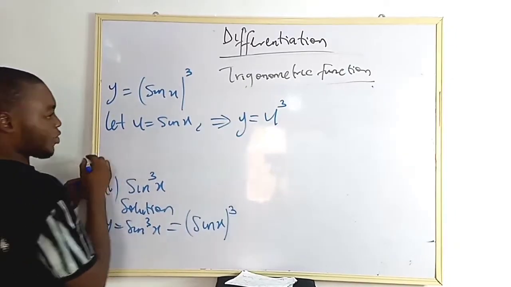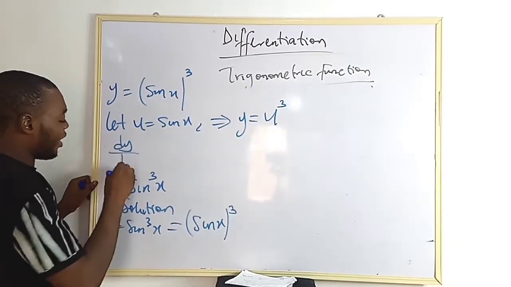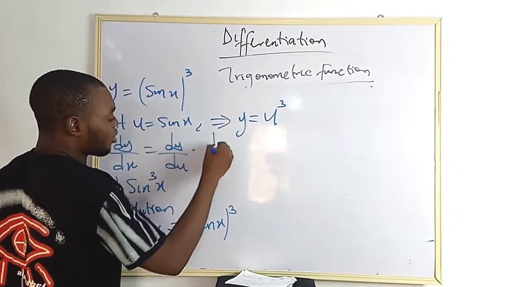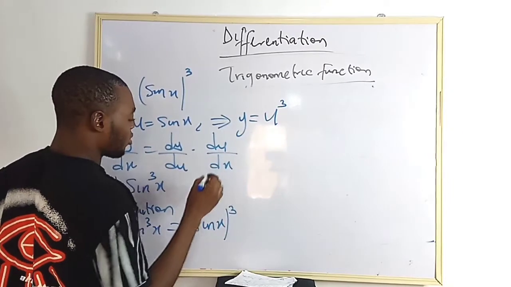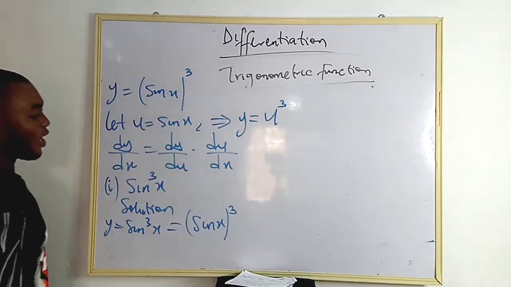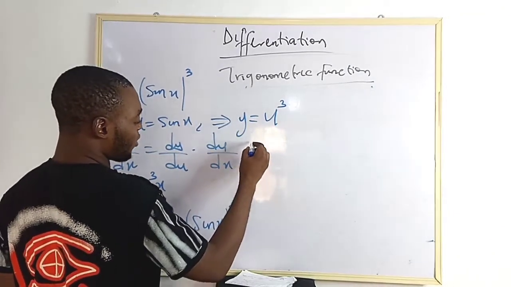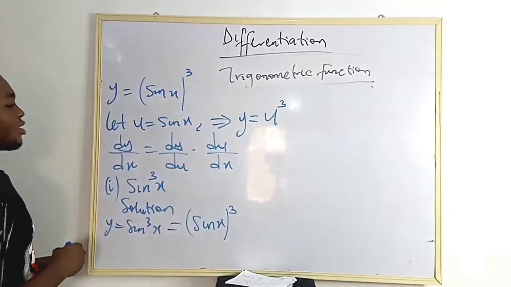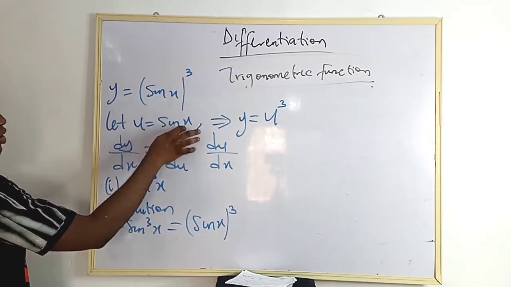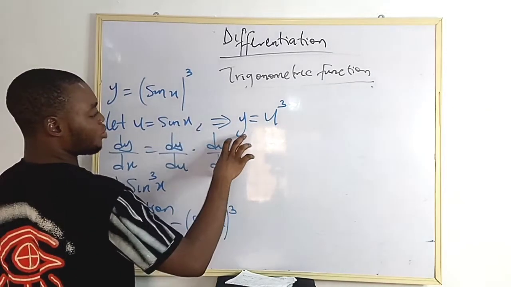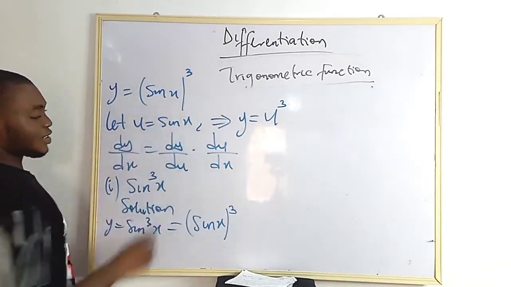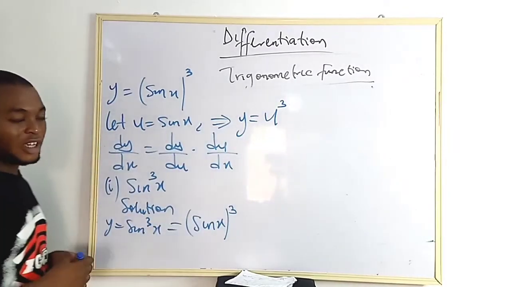Remember the rule: dy/dx equals dy/du times du/dx. First we find dy/du, then we differentiate u with respect to x to find du/dx, then we multiply the two together.